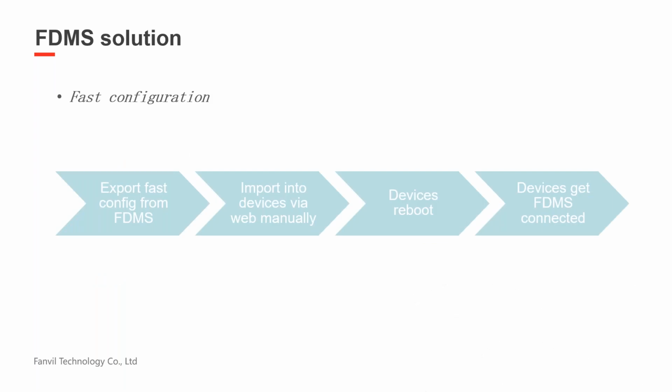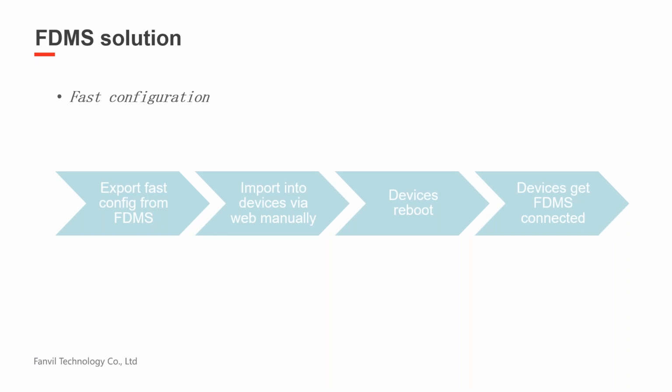And since there are many advantages for the FDMS, let's see how we use the FDMS as a solution. Actually, FDMS and our devices communicate via TR069.